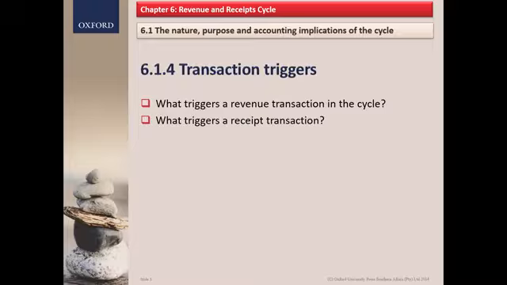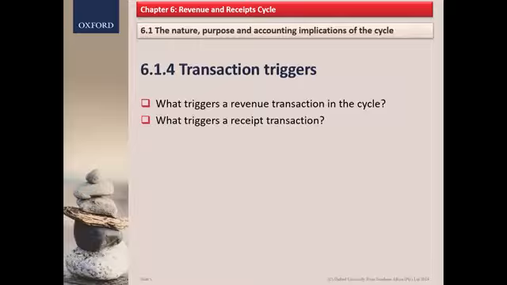And what triggers a receipt transaction? The payment. Once the debtor or whoever pays, it triggers that particular transaction. It will go to your cash receipts journal and into your general ledger through the bank account.